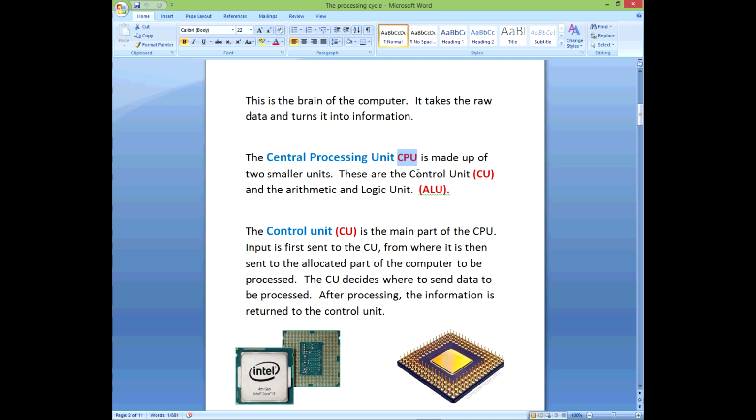It doesn't spell a word. The CPU is made up of two smaller units: the control unit, the CU, and the arithmetic and logic unit, the ALU.